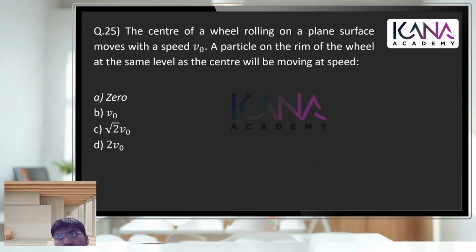What is its speed? At the side point, velocity is the vector sum of translational velocity, forward, and rotational velocity, which is vertical.